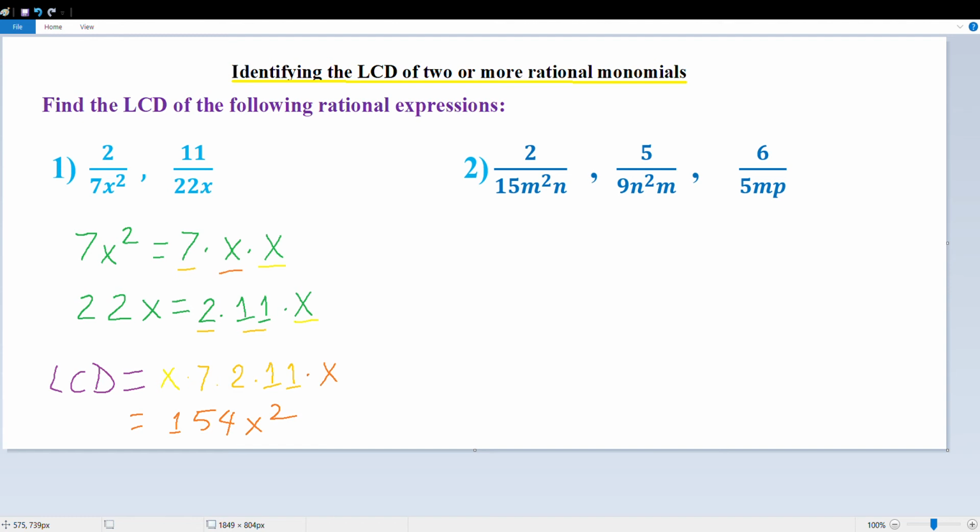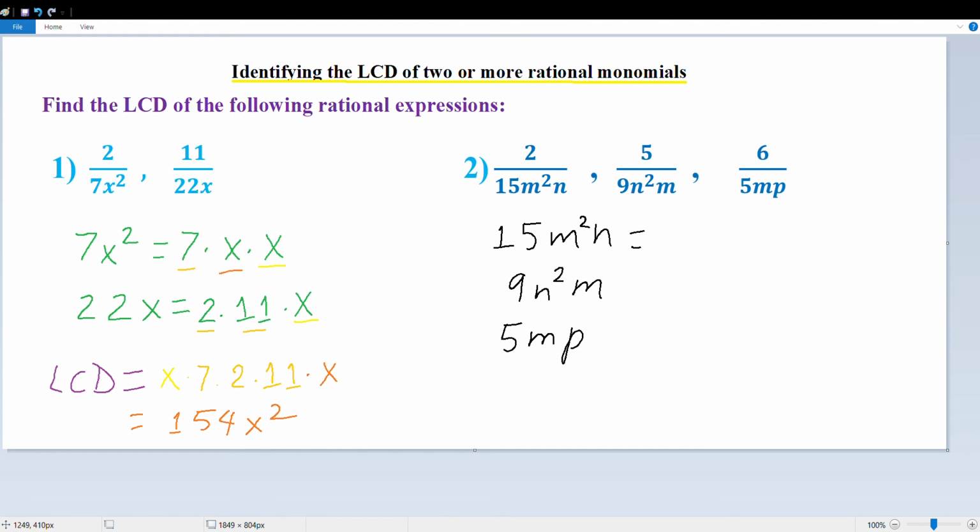Now let's move on to the second problem. We would be applying the same procedure here in this problem as well. So here the first denominator would be 15 m squared, and as you can see here we have three monomials in this problem. So the second denominator would be 9 n squared m, and the last one has 5 m times p.